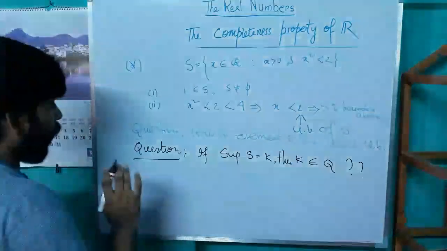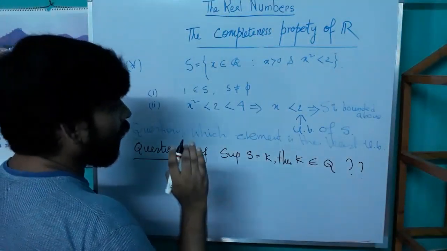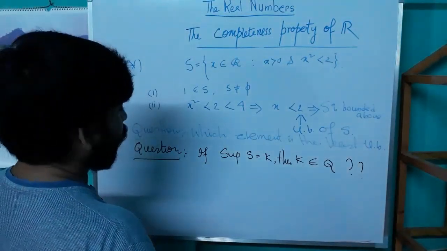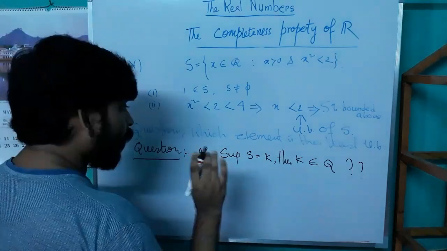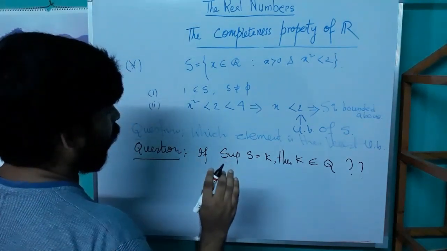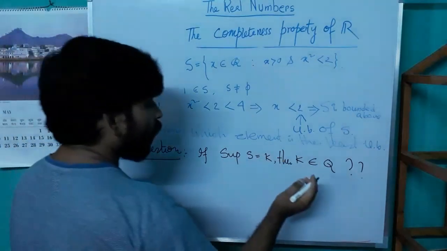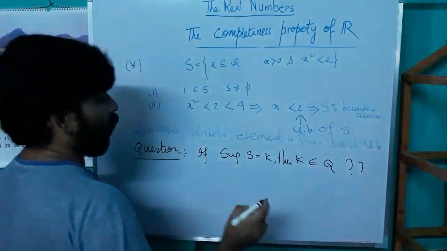That is, the first question is which element is the least upper bound of this set, and the second question, if K is the least upper bound, then whether K belongs to Q or not.